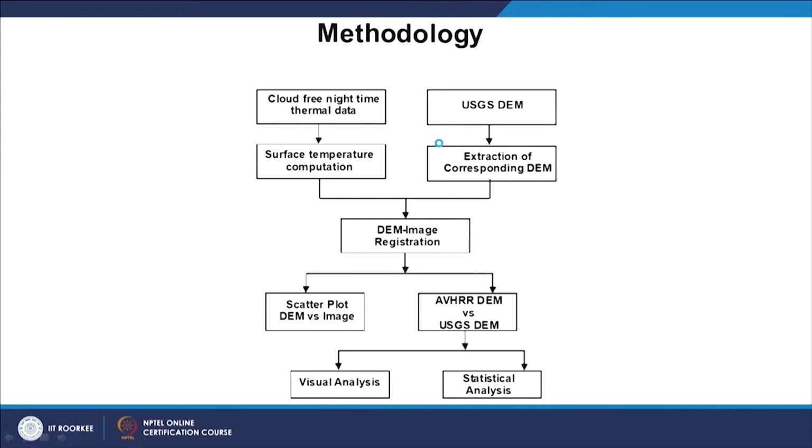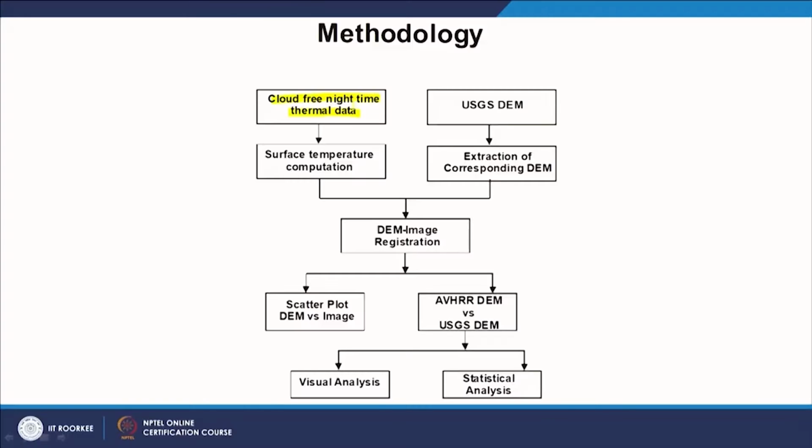So, what we need basically is cloud free nighttime thermal data. Now, if somebody is trying to generate a higher spatial resolution digital elevation model employing this thermal remote sensing technique, then there is a way also. Nowadays the Landsat OLI series, that is Landsat 8, also has a thermal channel, and the data is available at 60 meter resolution.